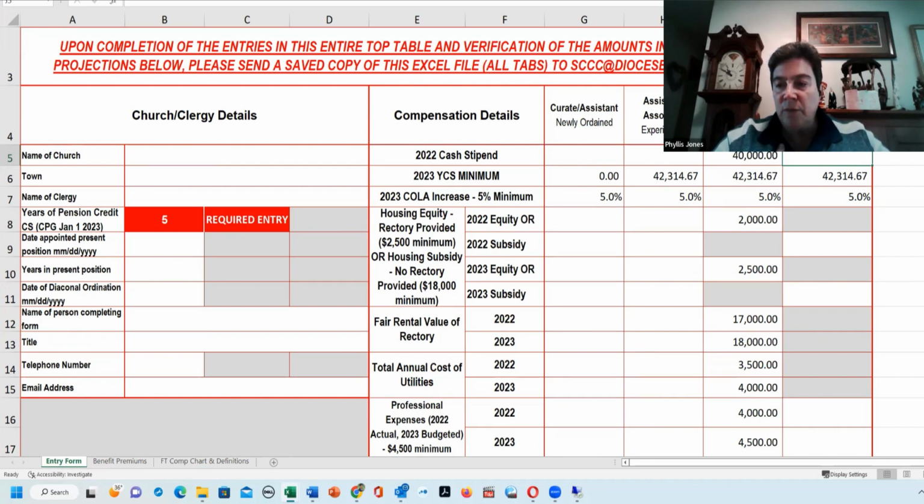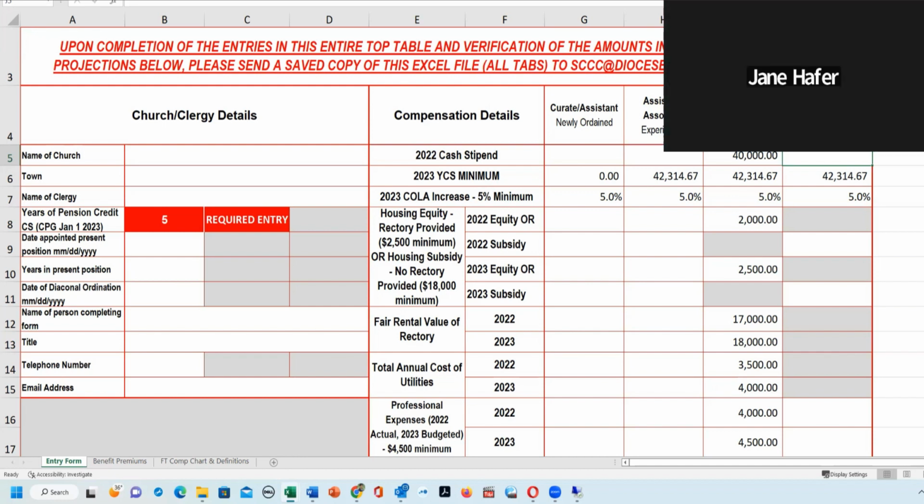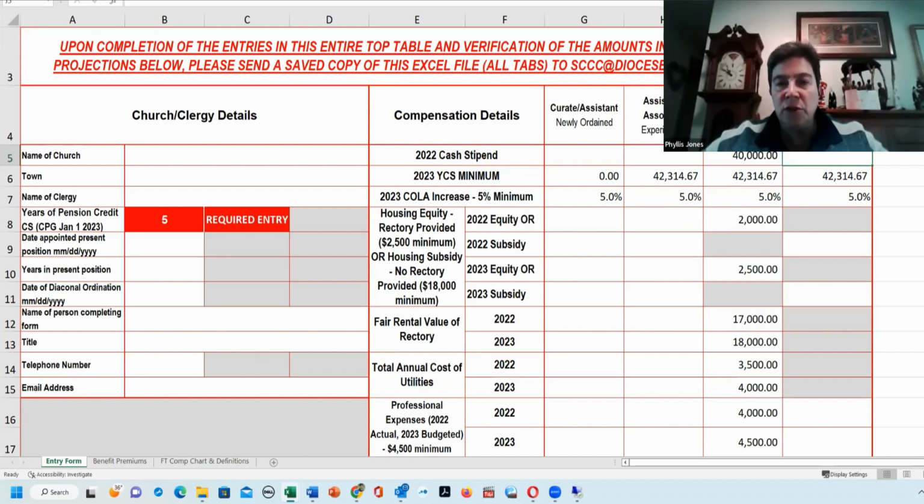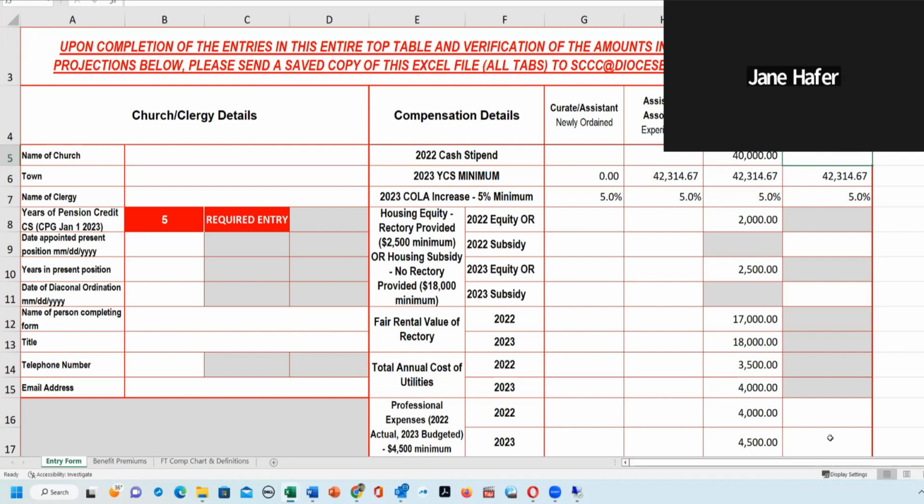So my thought would be that you're budgeting for a full-time rector for the full year, and that's how you would complete the form, with what you're expecting for your full-time compensation. Does that make sense? Yeah, that's what we're doing. It's in the budget as if he's not leaving. Correct. And that's how you should do it on this form. Exactly. Okay, great. Thank you.